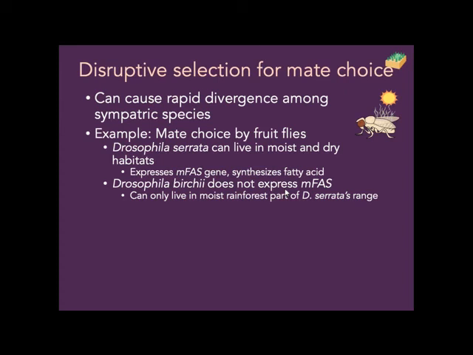There is another species of nearby fly called Drosophila birchii, and this species does not express this MFAS gene. And because it doesn't express the MFAS gene, it can't oil itself up to be able to live in a dry place. So birchii can only live in the moist rainforest part of Drosophila serrata's range.